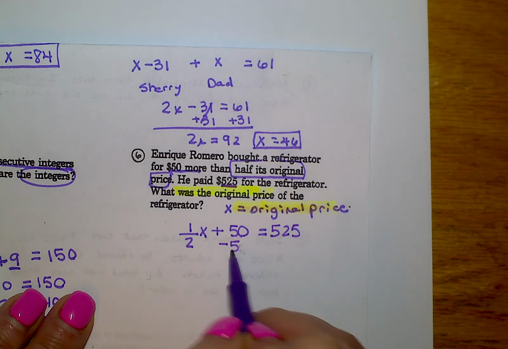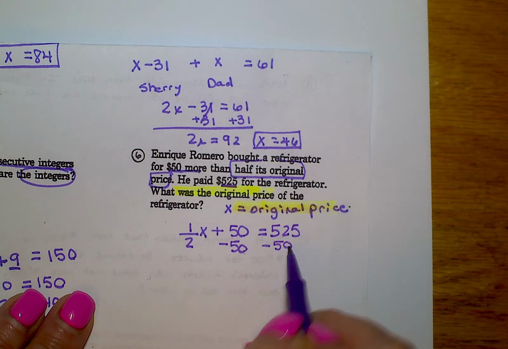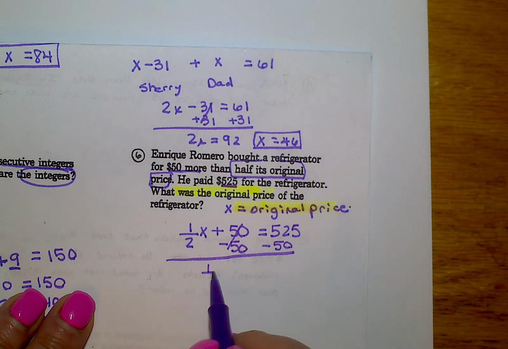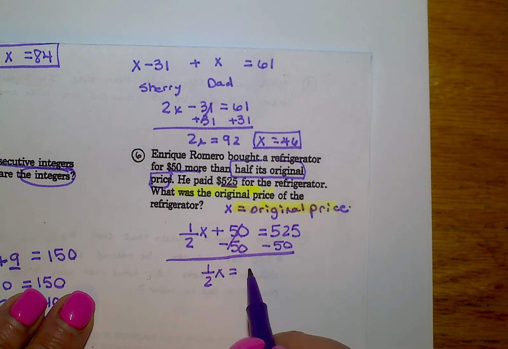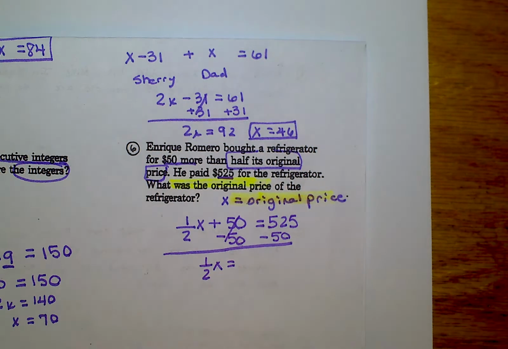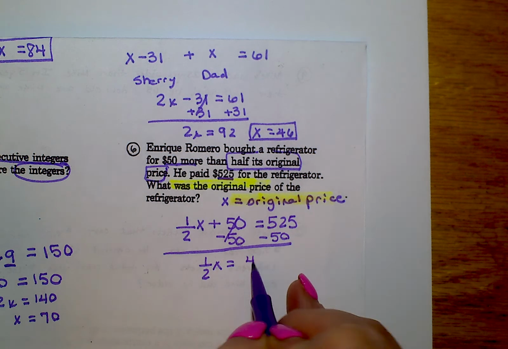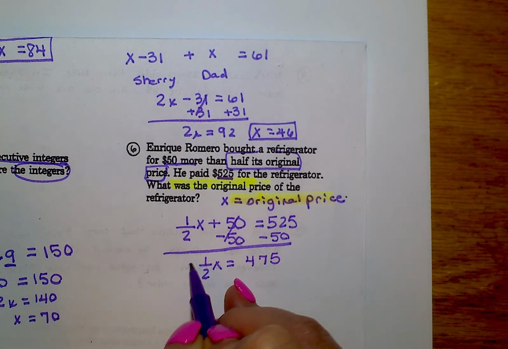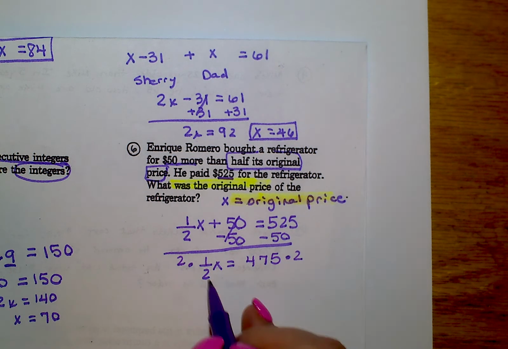So now we subtract 50. And then when you get that, multiply by 2. So you have 475. Now multiply that by 2.